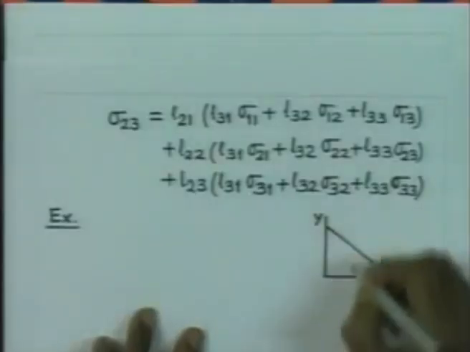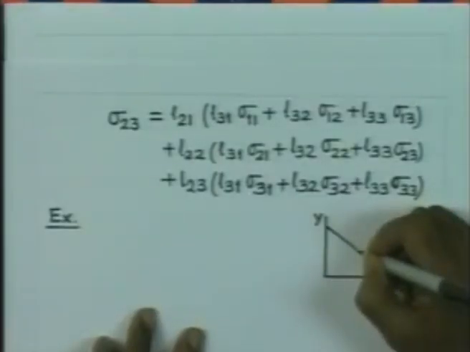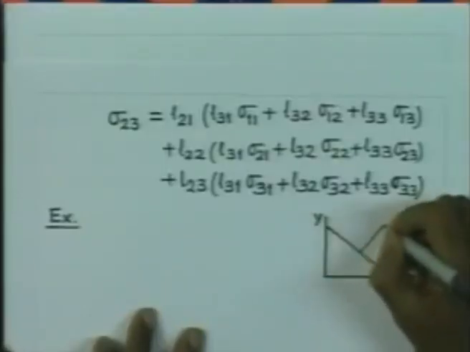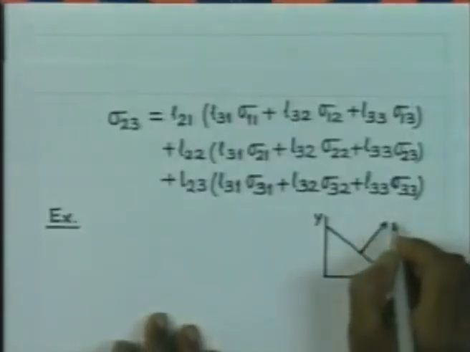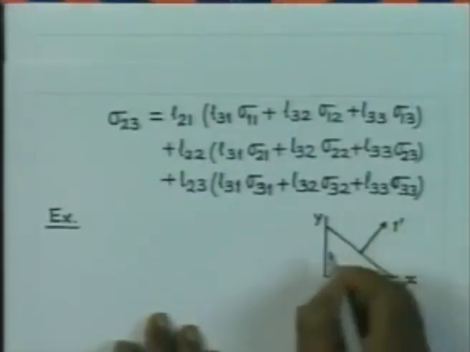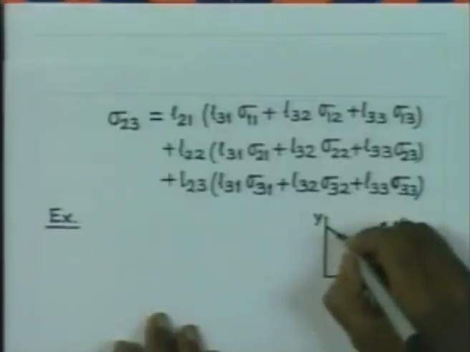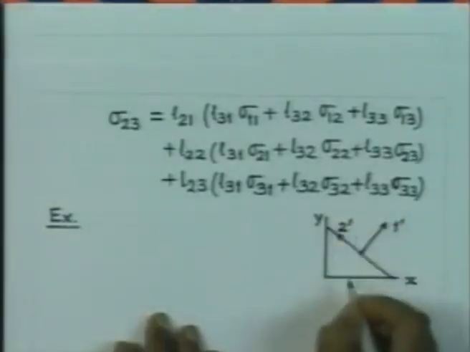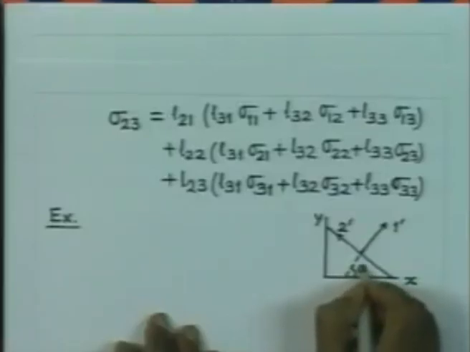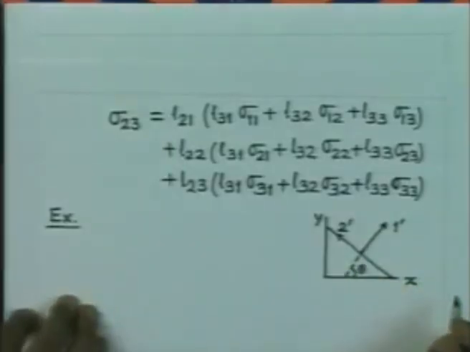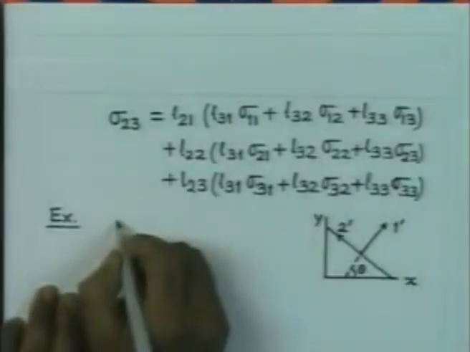This is the new direction, let us say this direction is 1 dash and this is the direction 2 dash. So, this direction 1 dash makes an angle theta with the x direction.